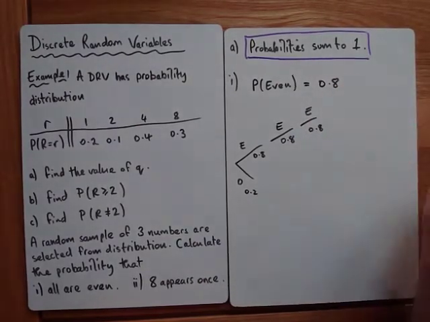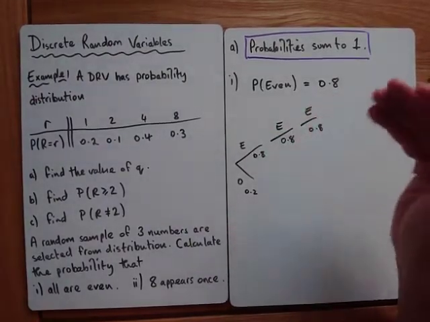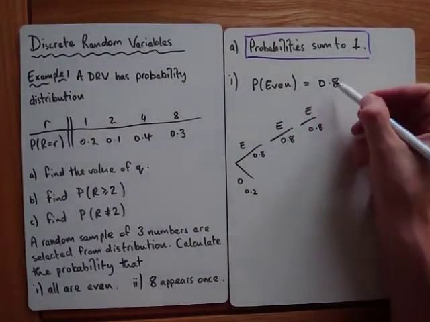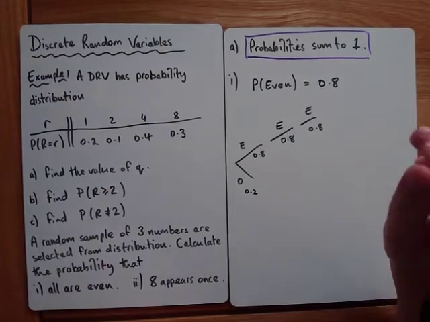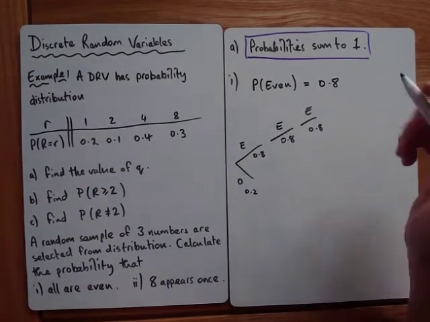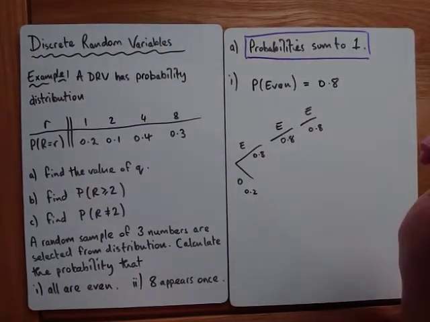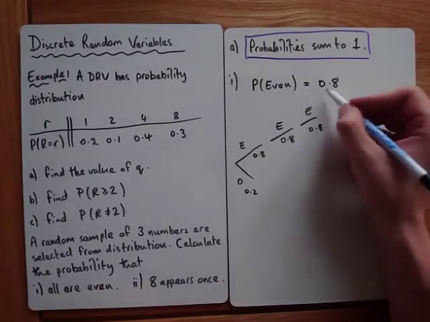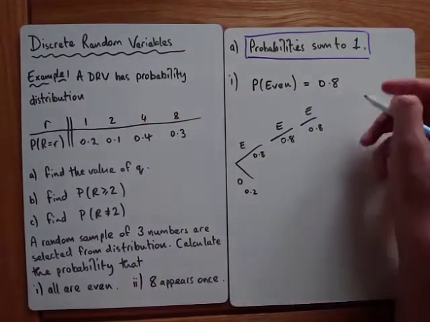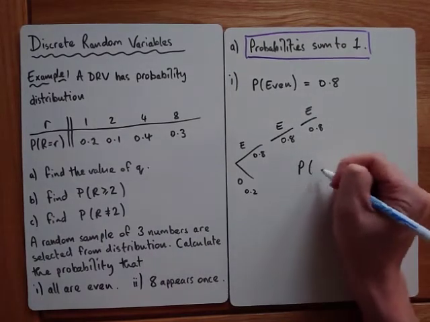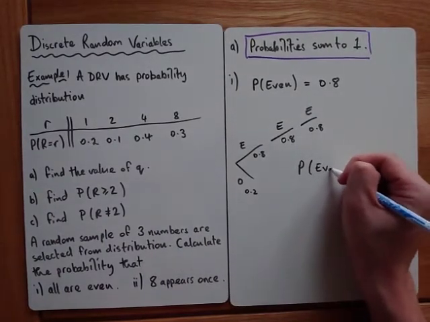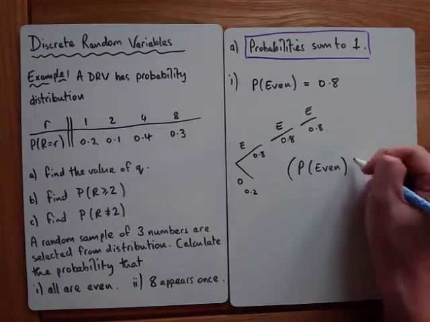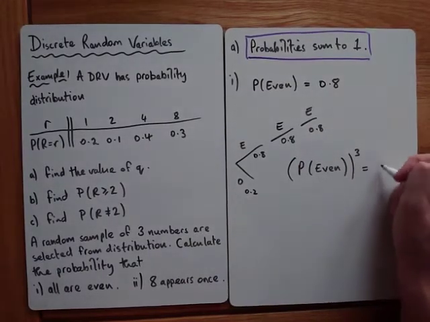And notice I'm using the word "and" now: even, and even, and even. If this event happens 3 times, please do not multiply it by 3, which is sometimes what some of my students say, because that'll give you a number bigger than 1, and you've broken probability, you've broken maths. That event happening these 3 times would be the probability of it being even cubed.